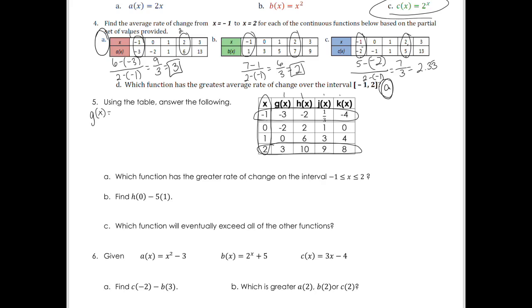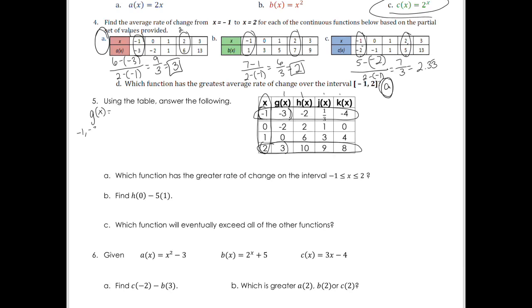Okay, so these are my points. So I have -1, -3, and 2, 3. So 3 minus -3 over 2 minus -1 gives me 6 over 3, which is 2. Okay, let's do h of x.